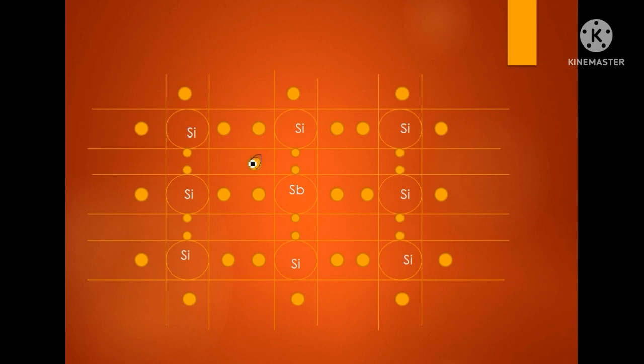So this extra electron is free and mobile, so it can easily move from the donor energy band to the conduction band. That is why a hole is created here. Now this hole is occupied by another electron, and in that way the conductivity of the N-type semiconductor occurs.